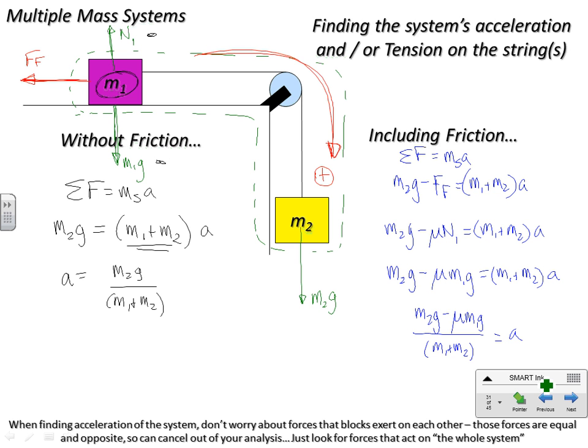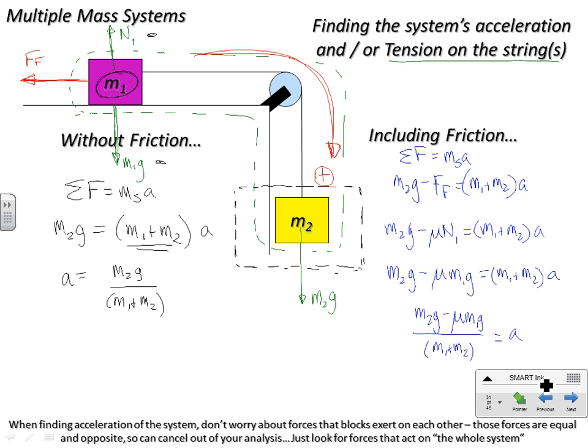Now, finding tension on the string. If we want to find tension on the string, like we said before, you have to isolate part of the system where tension acts on that part. I like to do this one here because I don't have to worry about frictional force and writing stuff with mu's.